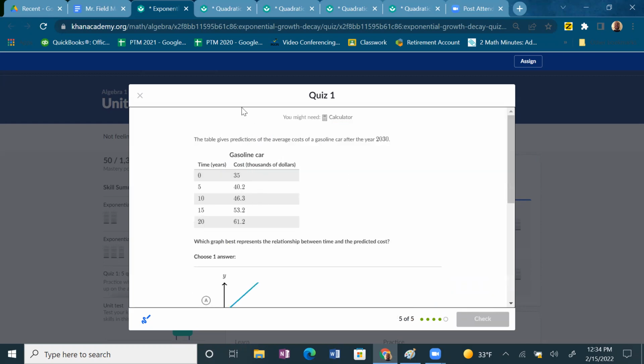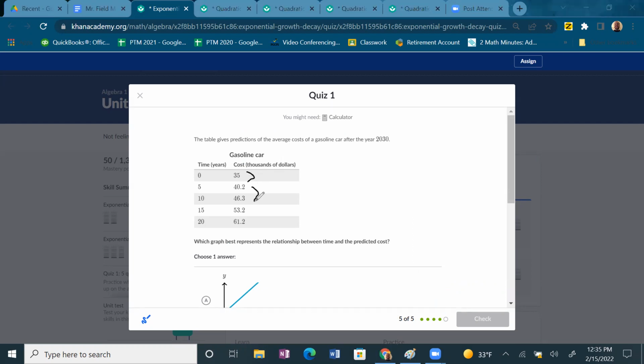Okay, so let's see. When we look at this, by inspection, it kind of looks like linear growth. But that's about a 5 increase, and then a 6 increase, and then, oh man, and then increases by 5, then 6, and then that's 4, that's 7, and then there's 9.